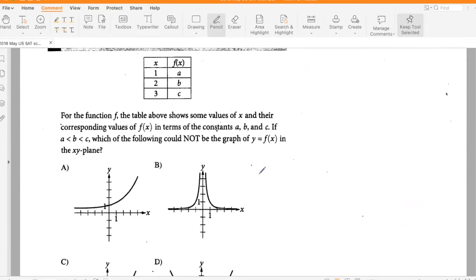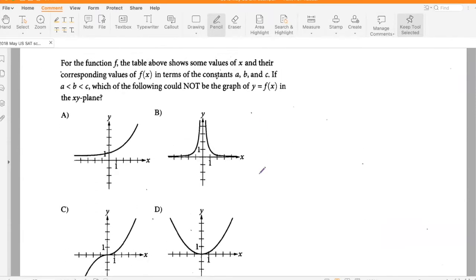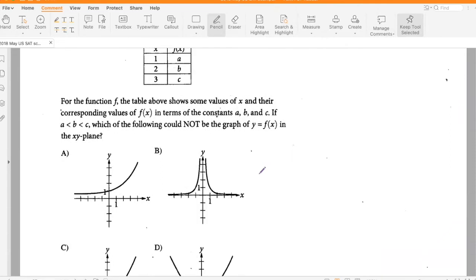For the function f, the table above shows some values of x and their corresponding values of f(x) in terms of the constants a, b, and c. If a is less than b is less than c, which of the following could not be the graph of y is equal to f(x) in the xy plane? Okay, so from 1 to 2 to 3, a to b to c.